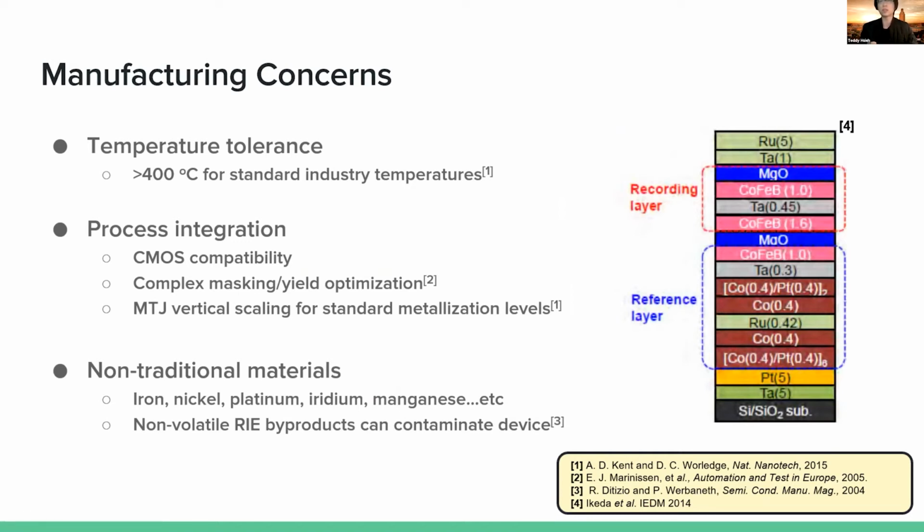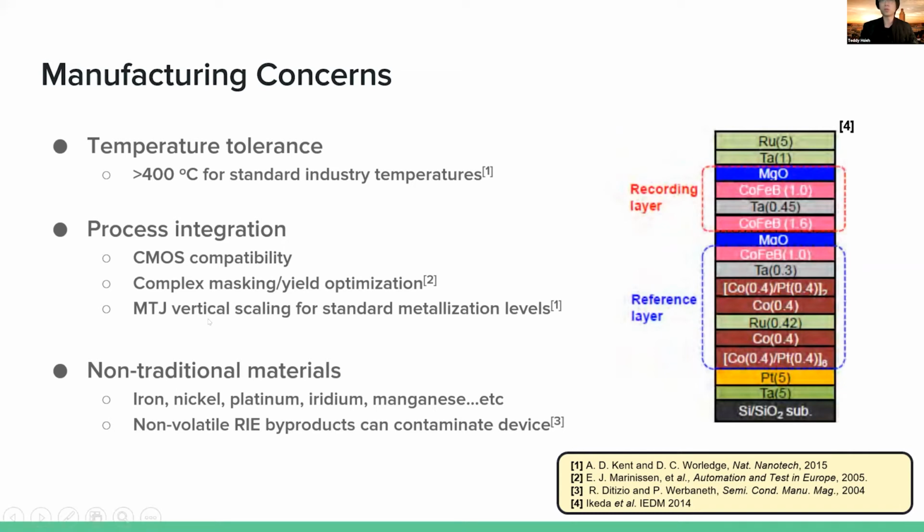How do you integrate this with the rest of the processes? CMOS is such a dominating technology that you have to make sure it works with it. And I already touched a little bit on complex mask and yield optimization for eFlash, but the same thing applies for MRAM. And I will show you something from IBM that really drives that point home.